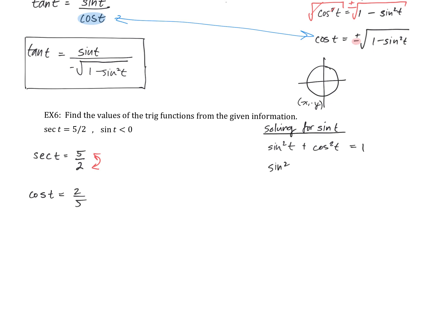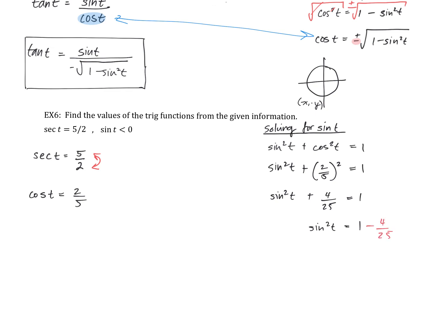Let's go ahead and plug in our cosine value, so 2 over 5 squared, equal to 1. Okay, so sine squared of t plus, and that'll be 4 over 25 equals 1. Let's go ahead and subtract 4 over 25 from both sides, and we'll get sine squared of t equals 1 minus 4 over 25.